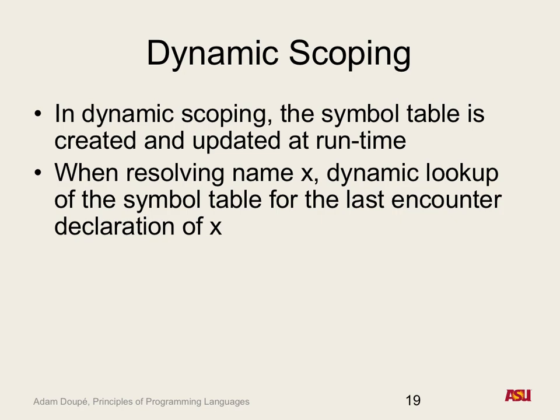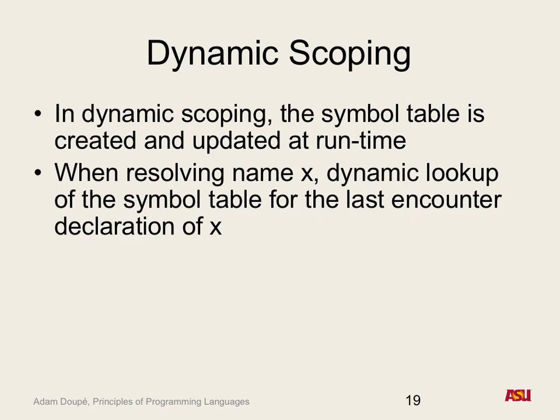And so when we want to resolve a name called X, we look it up in the table for the last encounter of declaration X. Whereas in static scoping, we can do that beforehand, right? We look first in the local scope, and then we look in the parent scope, and then the parent scope, and then finally the global scope. And if we don't find it, then we say that you're using a variable that hasn't been declared, right? But that's statically.